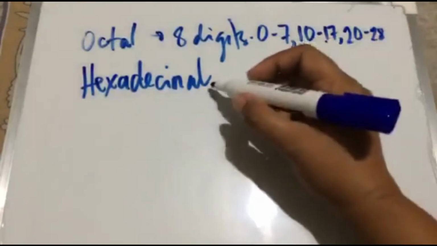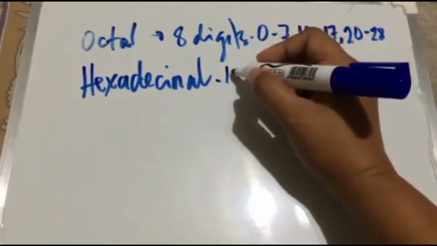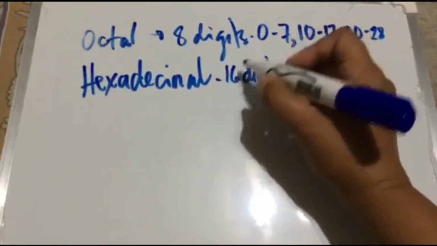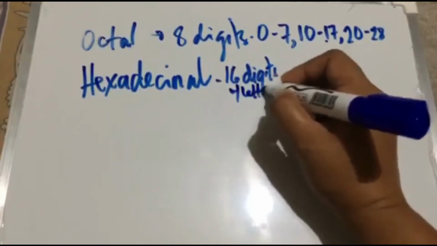For hexadecimal, it consists of 16 digits, with letters also.